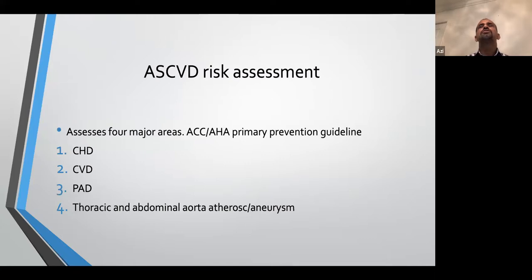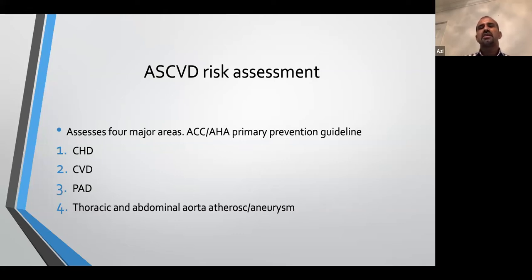So what do we do? On first diagnosis of type 2 diabetes mellitus, it is recommended that we do an atherosclerotic cardiovascular disease assessment. This is done in conjunction with the American Heart Association and American College of Cardiology as primary prevention, and is also advised by the US Task Force.